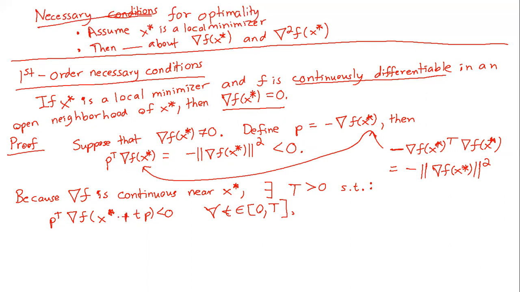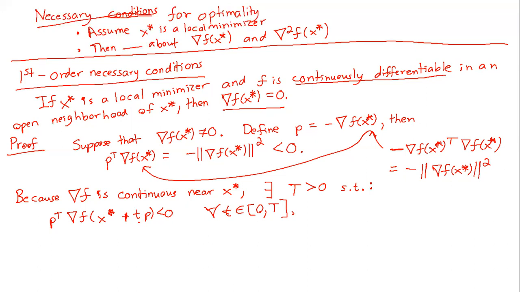If it's minuscule, so that I'm still almost at x star, then because P transpose del f at x star is negative, when I evaluate P transpose del f at a point almost at x star, but only slightly off, because del f is continuous, this still needs to be negative.